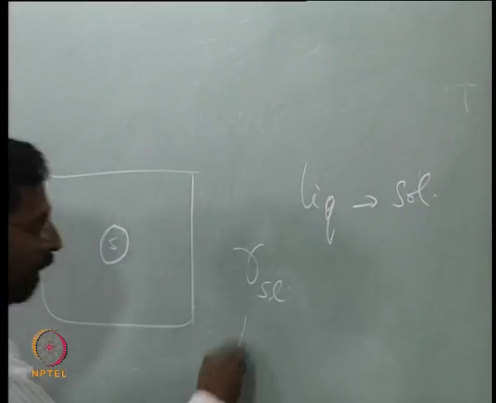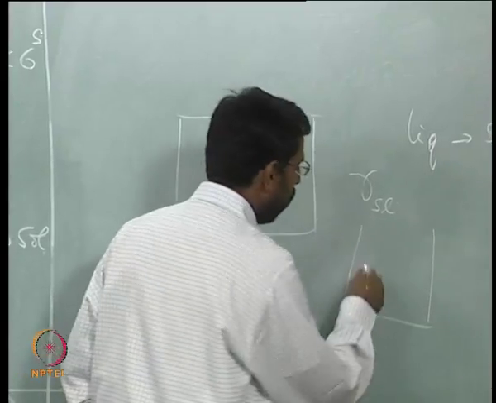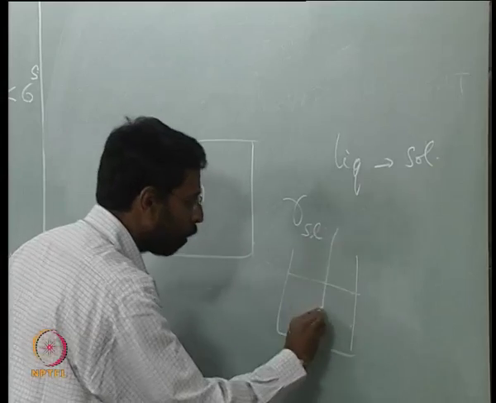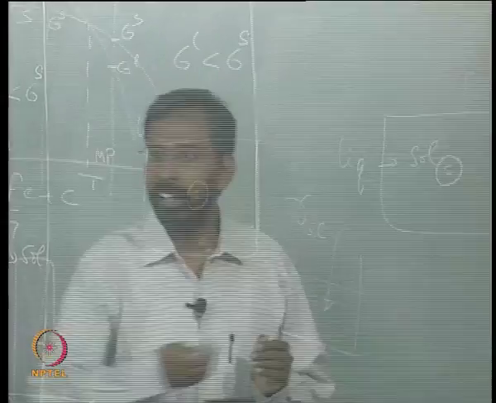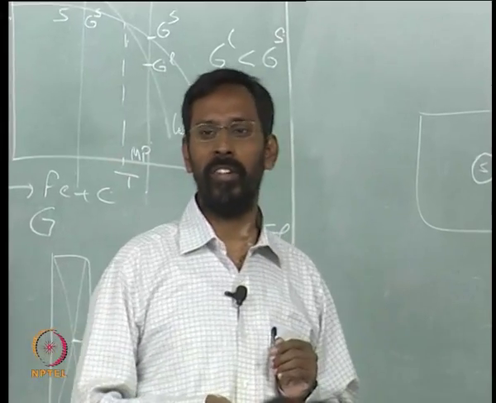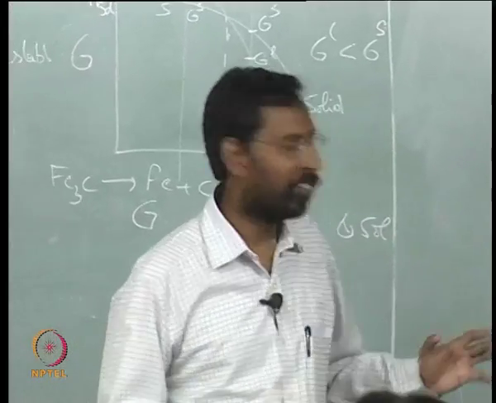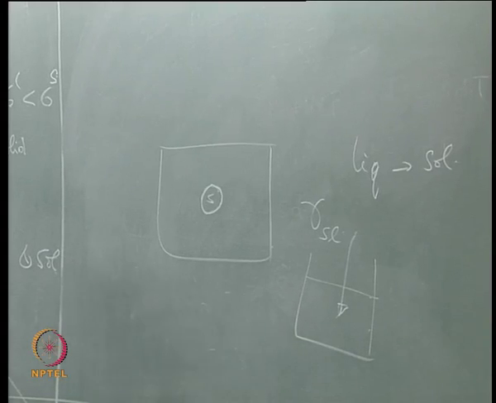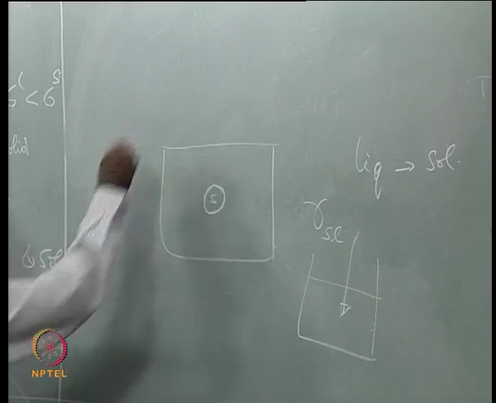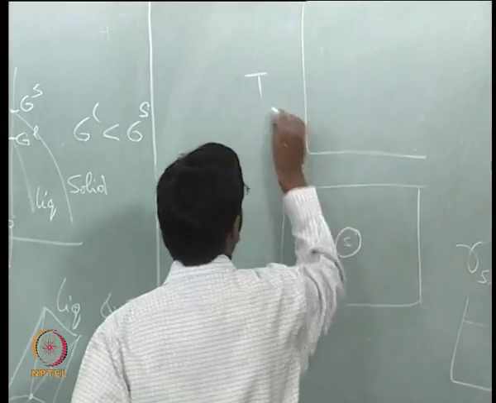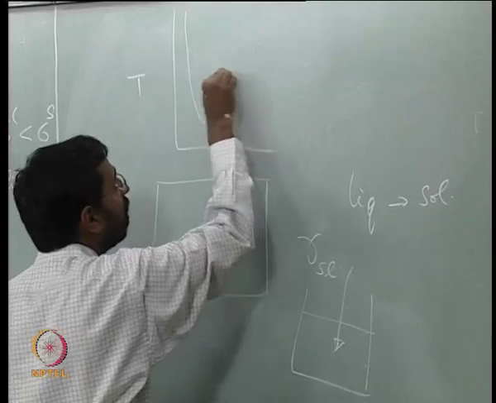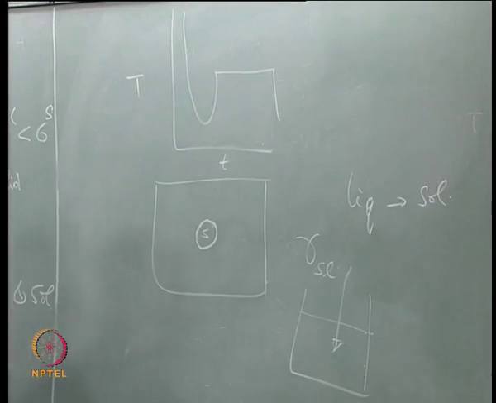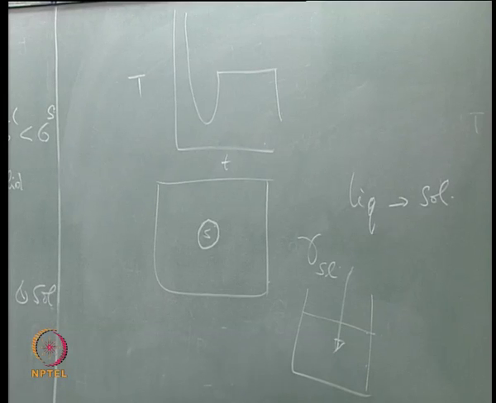If I take a furnace, melt a solid, put a thermocouple inside, and then switch off the furnace, and watch how the temperature of this liquid changes as a function of time, and I plot that T versus small t, I usually see this kind of a thing for a pure metal. Many of you might be aware of this. And why does this happen?